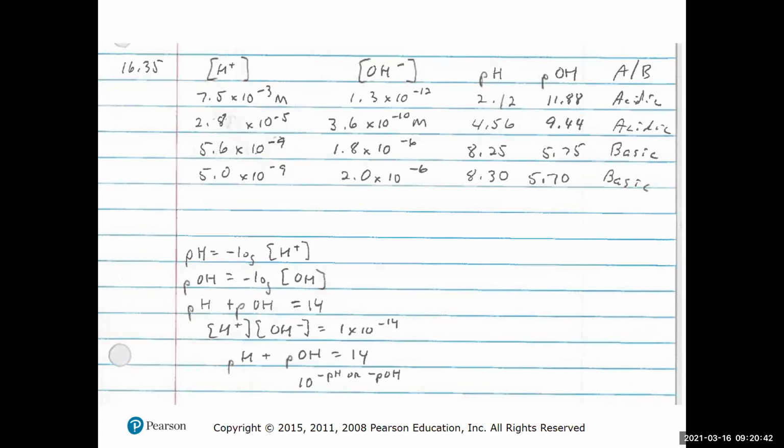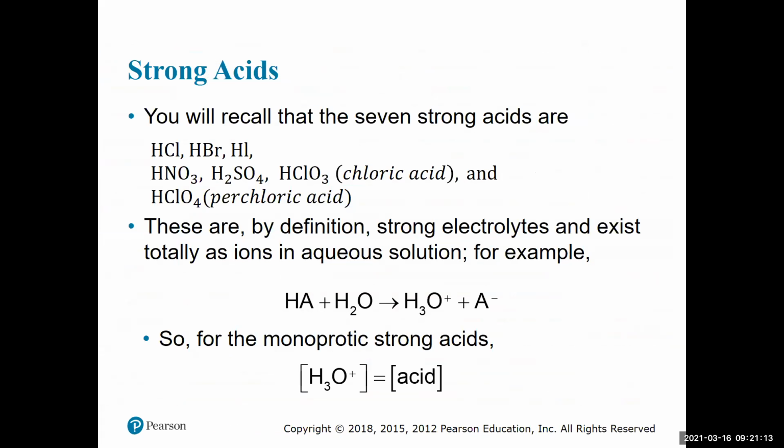Those 4 relationships, you can work with those in different combinations to fill in this table. The acidic basic, there you just need to remember pH above 7 is basic, pH below 7 is acidic. So I would suggest spending some time going through that table and making sure you can calculate things out.